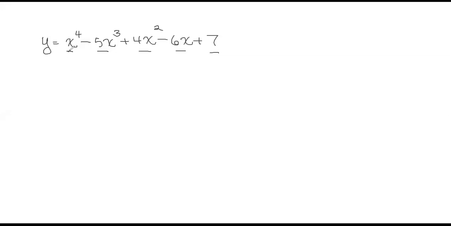So here, the first one, I would use the power rule. So I would bring down the 4, and we'll write f prime of x so you get used to that notation.